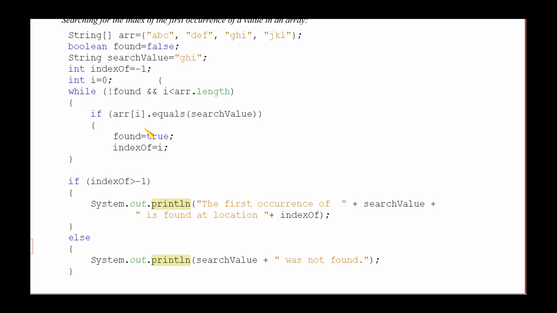Then there's an if statement that's going to look and see if the element stored in the i position of the array is equal to the search value. Then it sets found equal to true and sets the index to be that value.